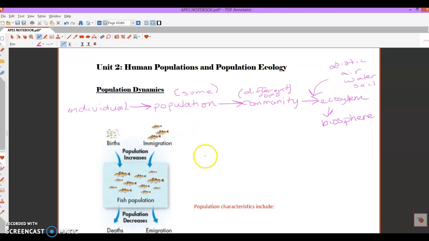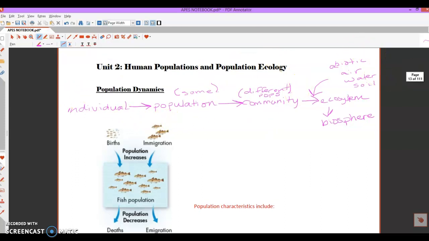Okay? Now, when we look at how to measure a population, there's two specific factors that we look at. Okay? We look at births and we look at deaths. Let me scoot this down a little bit. Births and deaths.